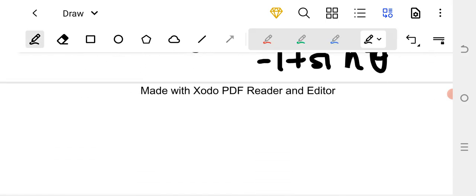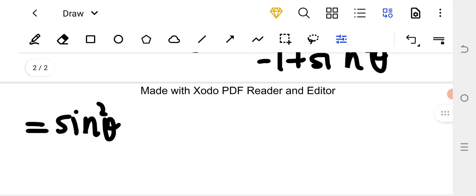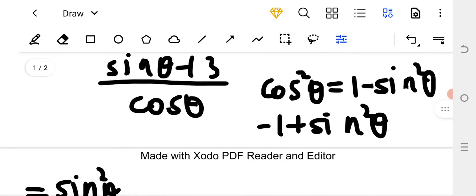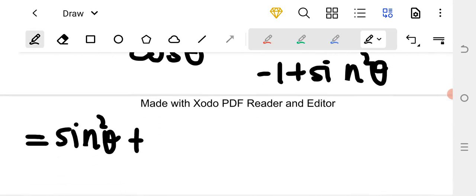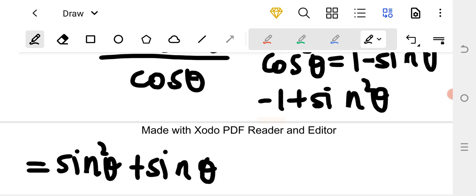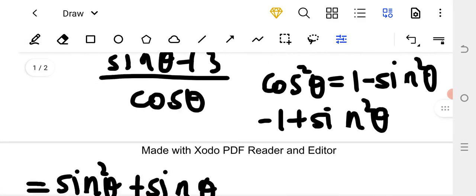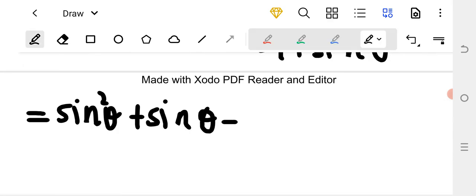So we are going to write our new numerator as sine theta squared, plus sine theta, and then we have a negative 1 there, so negative 1 minus 5 is negative 6.